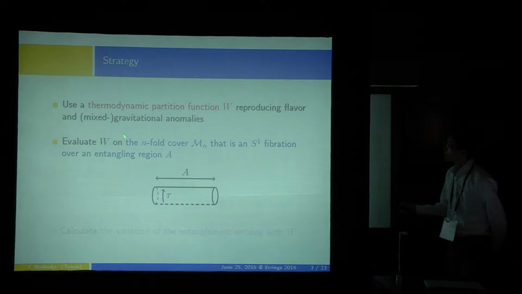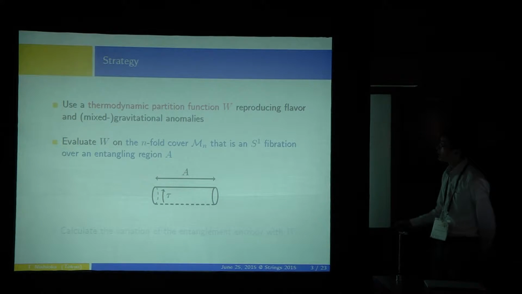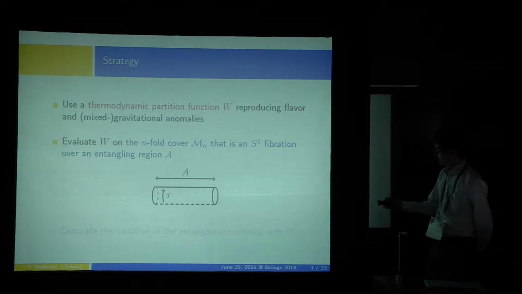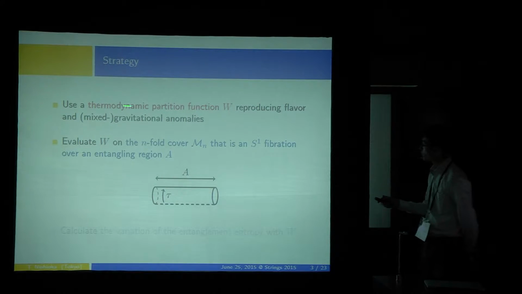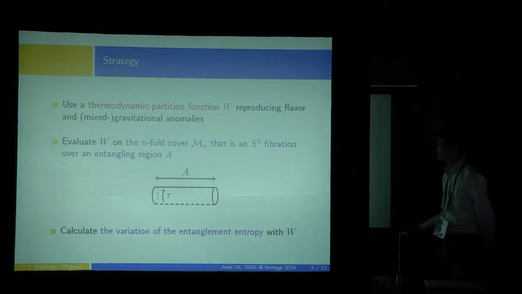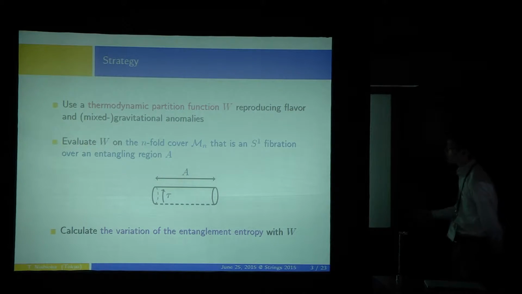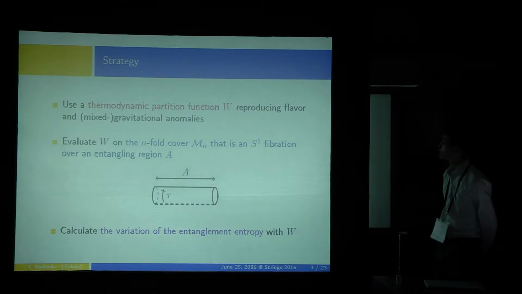We will evaluate this thermodynamic Prussian function by regarding this S1 fibration as a temperature, and by using the replica trick, we can calculate the entanglement entropy. So by using this function, we can evaluate the variation of the entanglement entropy. This is the strategy I will take.